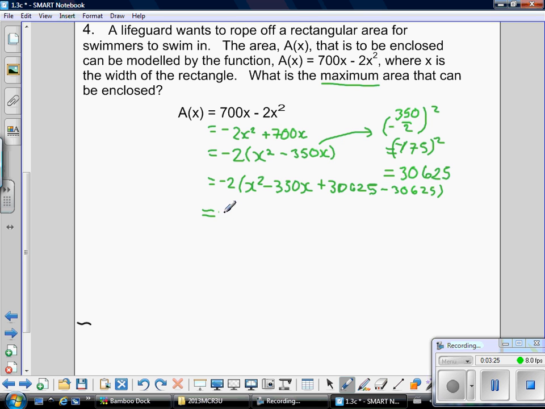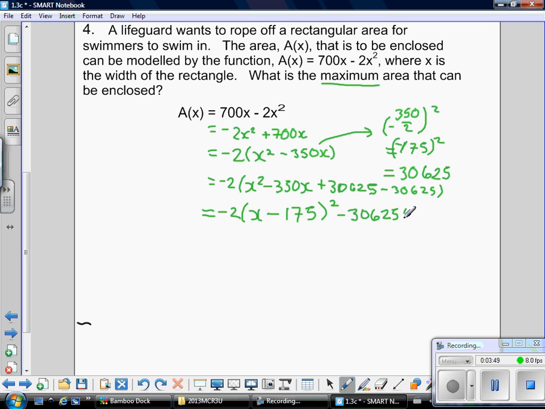So I have -2 times (x minus, there's my answer up there, 175). And this time when I bring out my -30,625, I must multiply what's in front of the brackets, which is a -2.